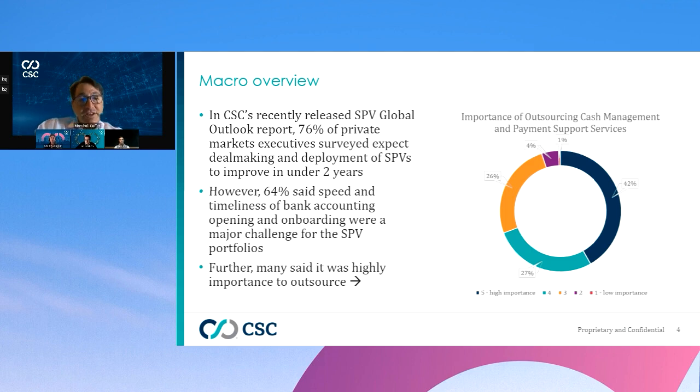The report did, however, point out that 64% of the people said speed and timeliness of bank account openings and onboardings were a major challenge currently for SPV portfolios. And then there was the discussion about whether this should be run in-house or whether this is an outsourced function that should be looked at by many firms.